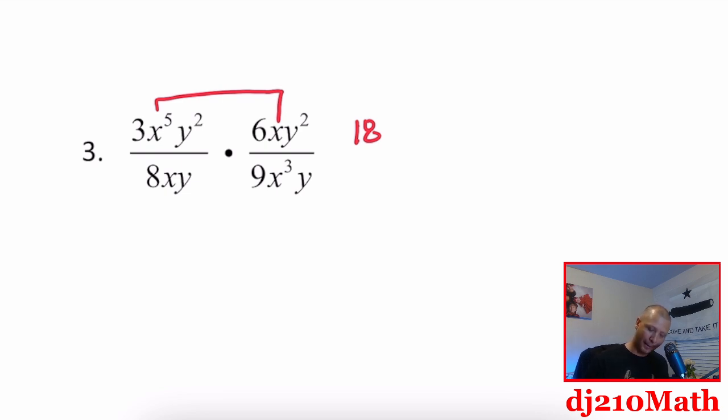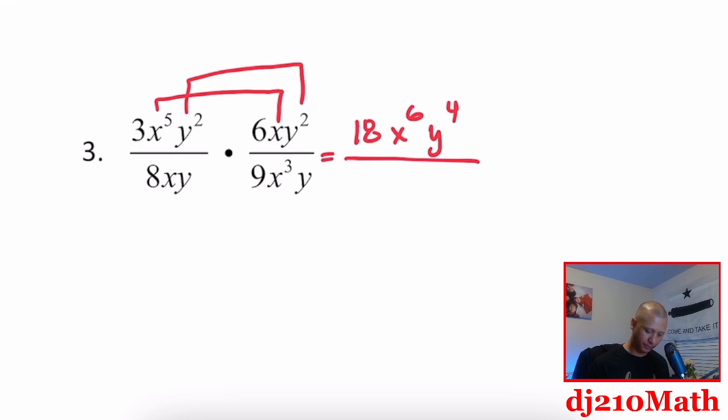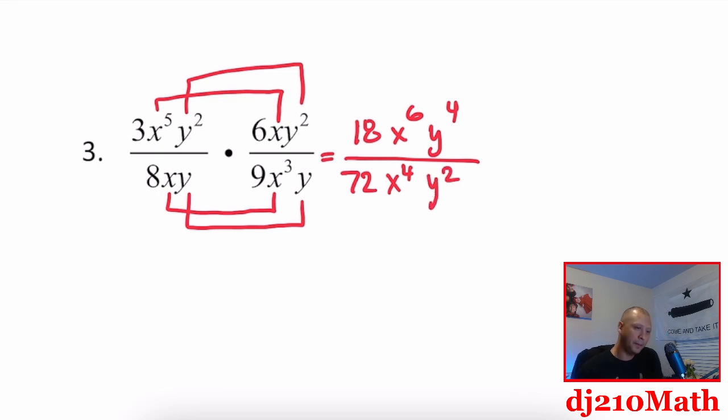When you multiply, you just add the exponents. So 5 plus 1 is 6. Y squared and Y squared, you add the exponents, Y^4. Over, 8 times 9 is 72. X times X cubed, again you add the exponents, so X^4. Y times Y, you add the exponents, Y squared. All right, this is a way.